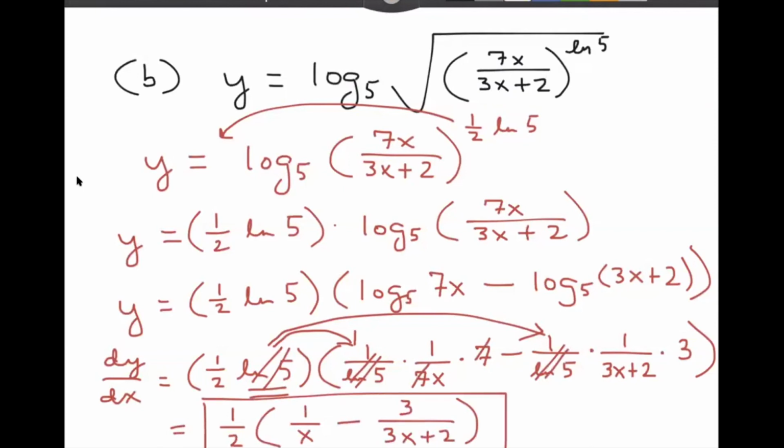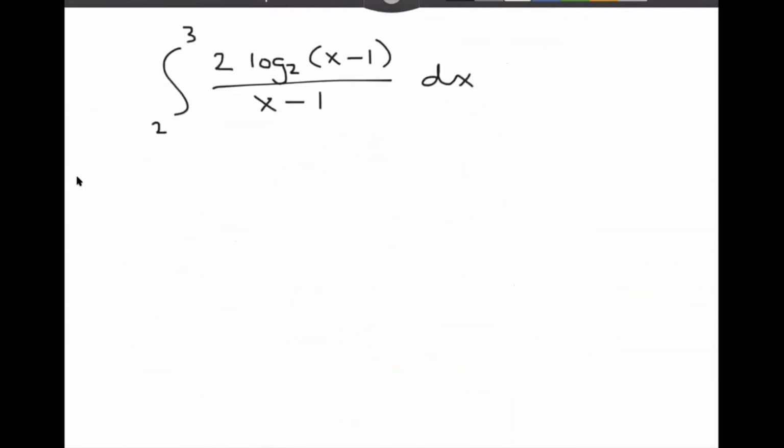All right, on to the very last example. It's an integration problem. And again, I did not show you a formula for the integral of log base a of u du. So to get out of having to show you a formula for that, I'm going to use the change of base formula. Okay. So let's write this as integral from 2 to 3 of 2 times, and now instead of writing log base 2 of x minus 1, I'm going to write natural log x minus 1 over natural log 2.